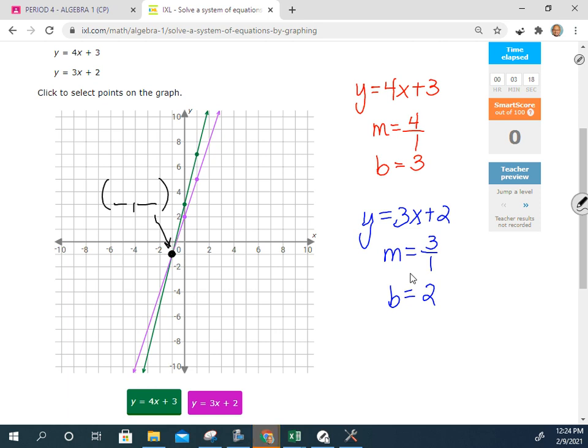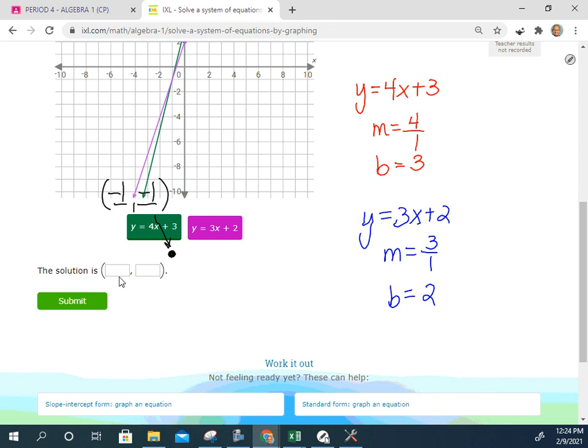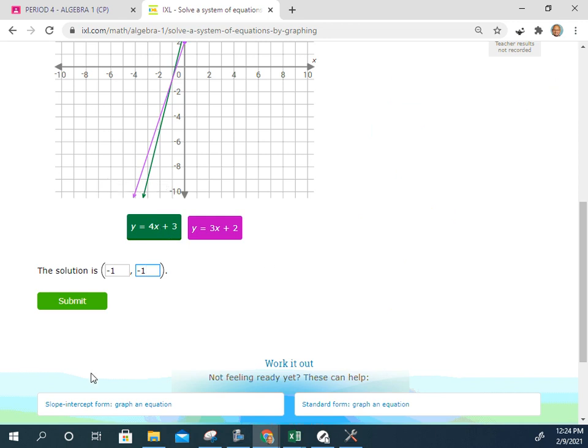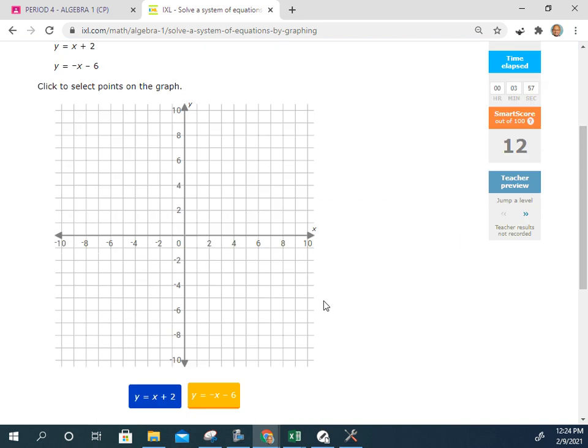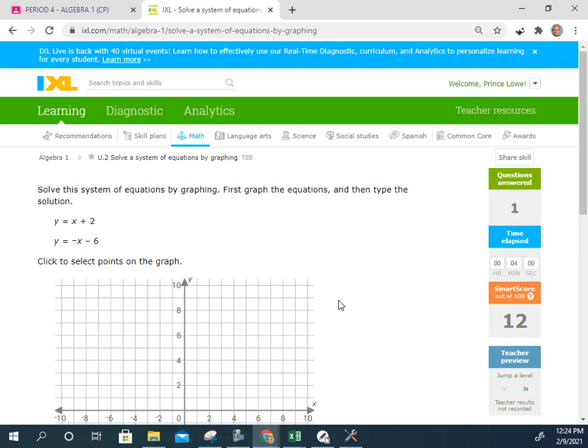That's left 1, down 1, so that point is -1, -1. So when you scroll down, the solution is, so type in -1, -1. If it's right, it'll give you the good job. If it's not right, that's fine. It will show you what you did wrong. All right, they said it was terrific. You get to move on to the next problem. So that's how your IXL works.